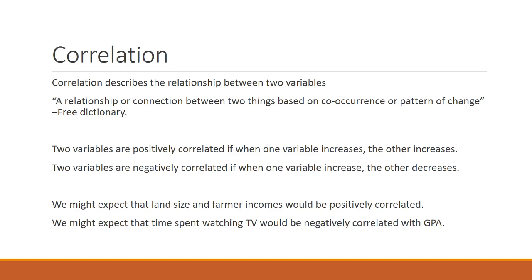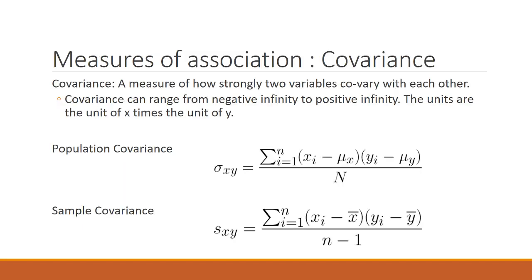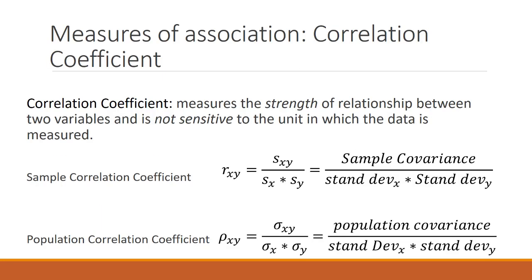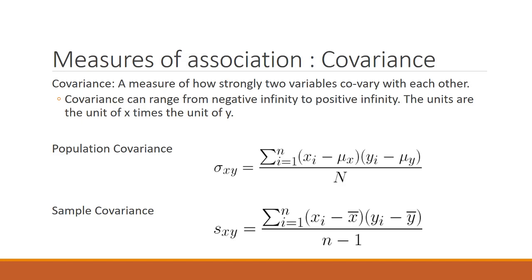Now let's look at some exact measurements of correlation. Let's first look at covariance, which is closely related, and then we'll go on to an actual measurement of correlation. Covariance is a measure of how strongly two variables covary with each other. It can range from negative infinity to positive infinity, and the unit is the unit of x times the unit of y.